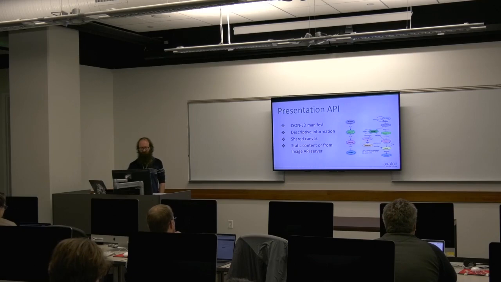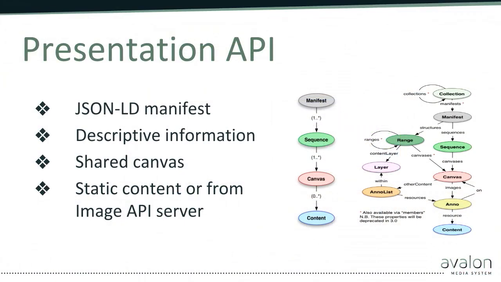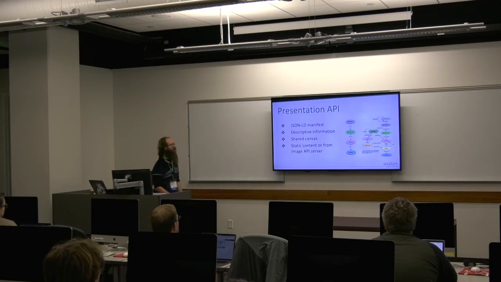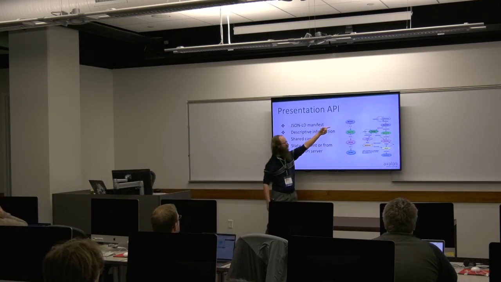Okay, so what does a presentation API implementation look like? A server will respond to a request for a manifest by returning the JSON-LD document. And there's this entity graph over here, which you don't need to pay attention to too much, but really the main thing is it's a manifest.